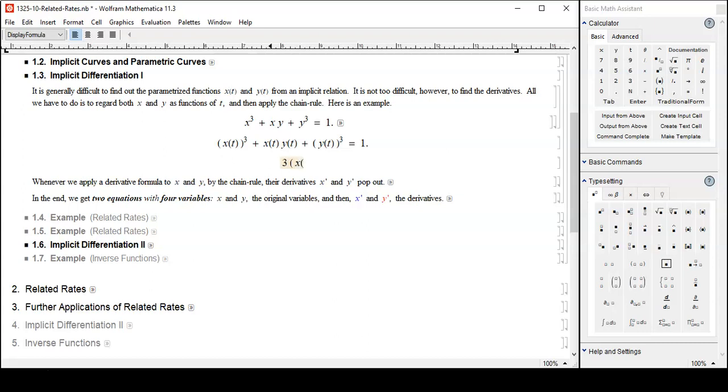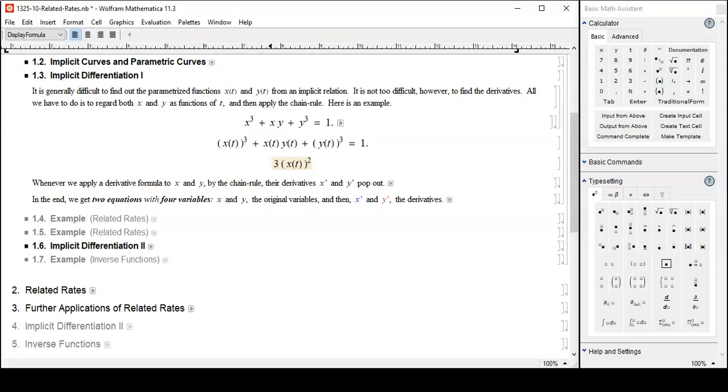Inside never changes. And subtract 1 from the power. Good. And by the chain rule, we have to multiply the derivative of the inside. This one here, the derivative of the inside. That's coming from the chain rule.